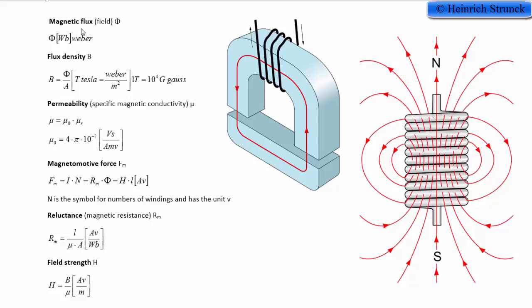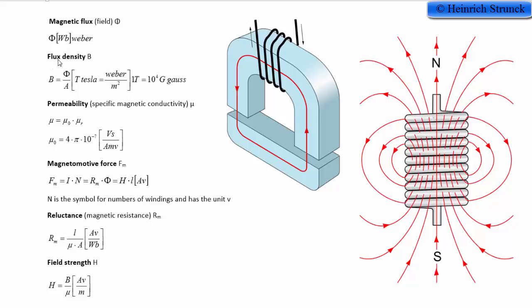So actually the magnetic flux is just the number of lines up here. It has the symbol phi, and the unit for it is Weber, capital letter W and lowercase letter b.